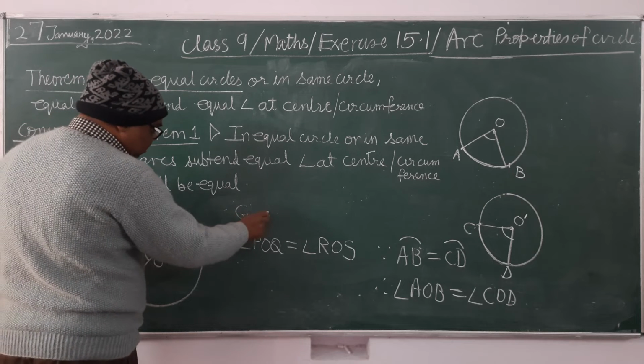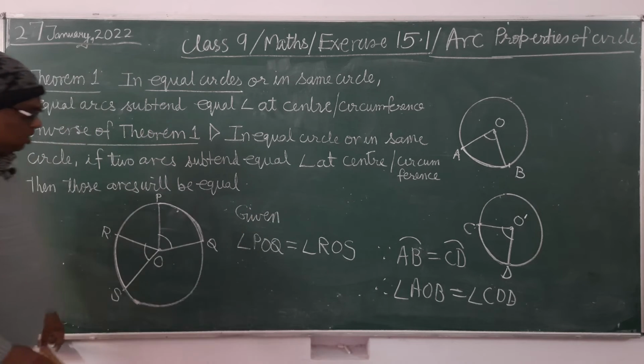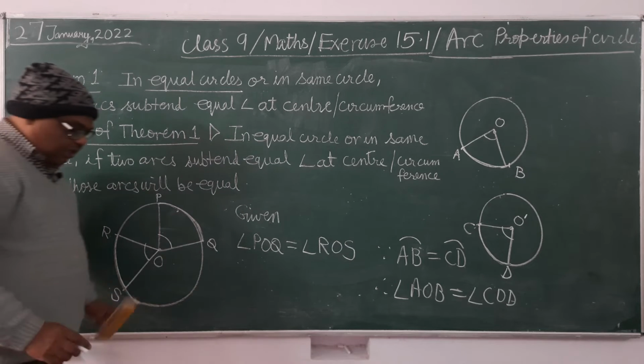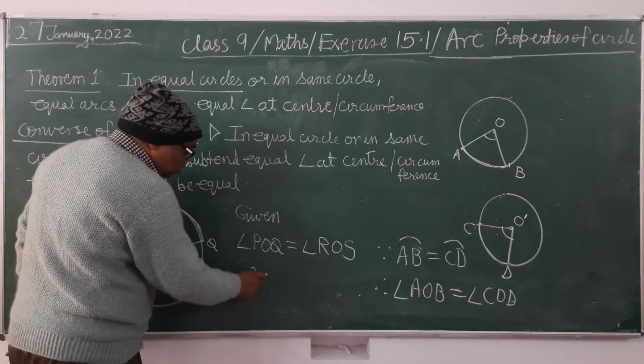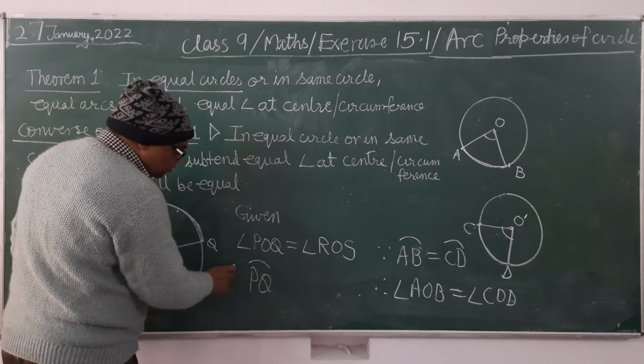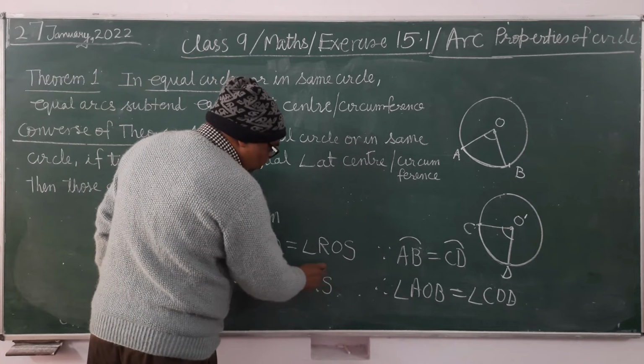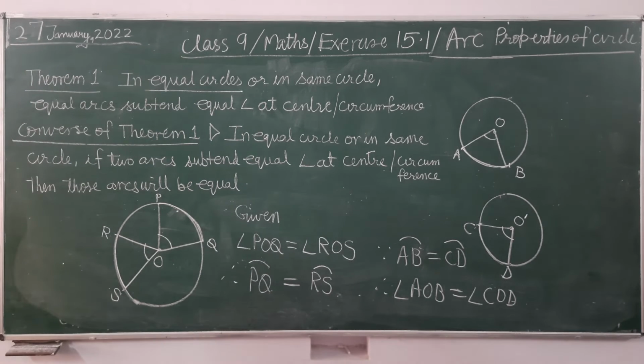Given is this: a circle in which there are two arcs PQ and RS, and they subtend equal angles at the center and at the circumference. Those angles I have not made here. Therefore, arc PQ will be equal to arc RS. It is the converse of theorem 1.